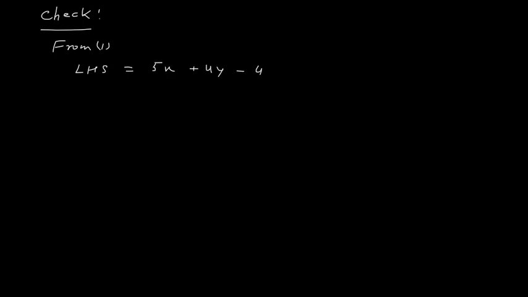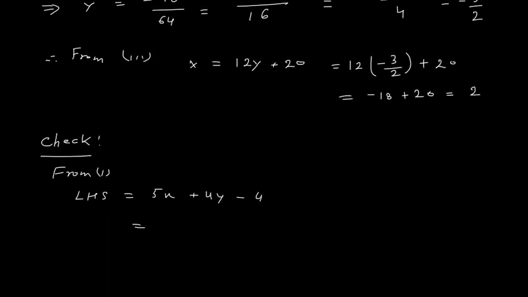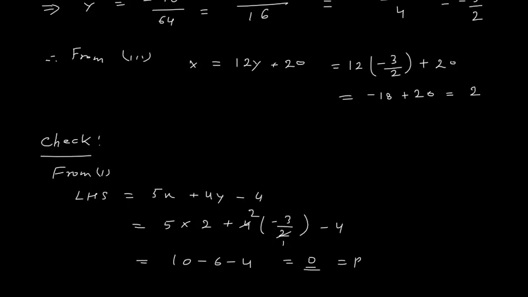The value of x is 2, so this is 5 into 2 plus 4 into minus 3 by 2 minus 4. This is 10. Now 2 1s are 2, 2 2s are 4, so this is minus 6 minus 4. So 10 minus 10 I will get 0, which is RHS. So what we have found is perfectly alright.